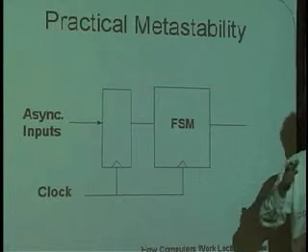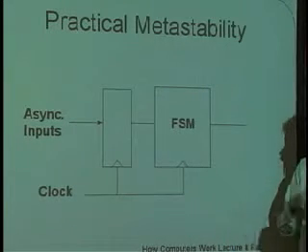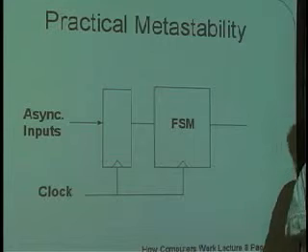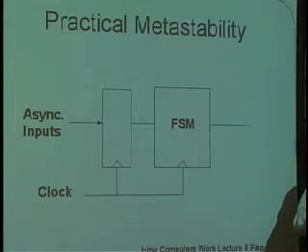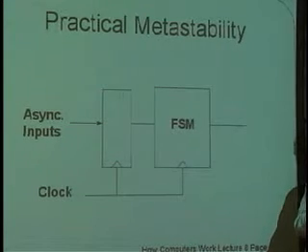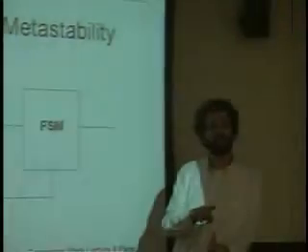Or it may oscillate, saying 0, 1, 0, 1, 0, 1. But we also know that like the donkey, like the pen standing on the top here, the circuit will eventually end up in one or the other, although we can't bound how much time that's going to be. It will be attracted to one of the two stable states, the 0 or the 1. So what do we think about the probability that this circuit is going to mess up?